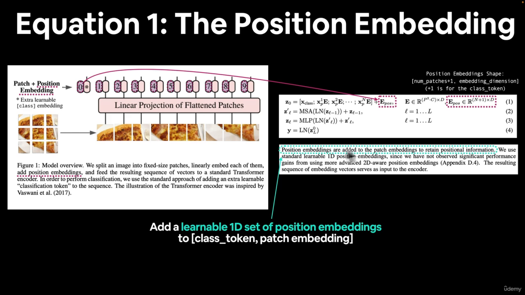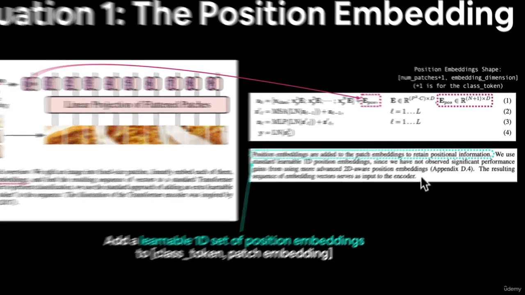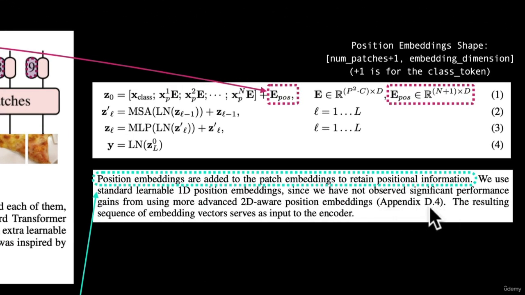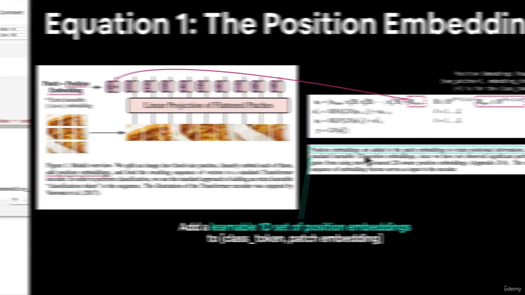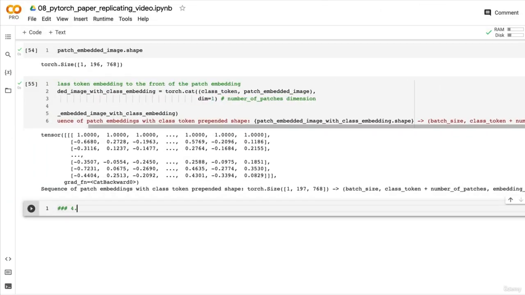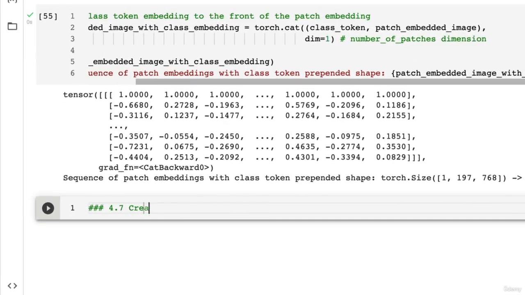The paper, if you want to read more, states a little bit here, but then there's more in Appendix D.4. But let's focus on replicating this with some PyTorch code. So we'll come back here, up to 4.7, creating the position embedding. I'm making you proud, Lao Tensor.